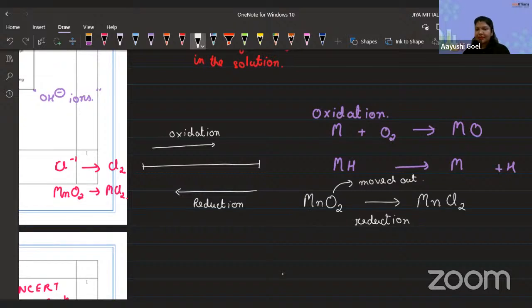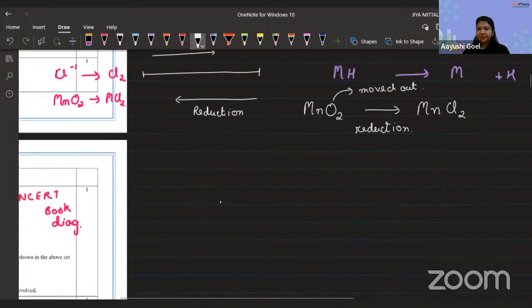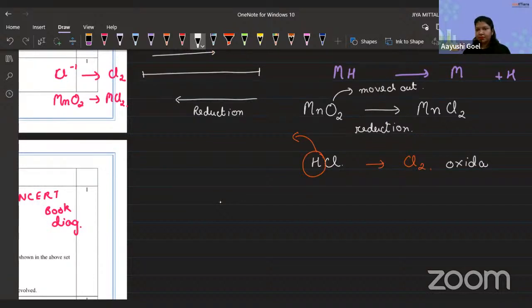Similarly, if I go and see the HCl case, the hydrogen is moved out. So this is oxidation. That is according to the 10th class book. Is that clear?